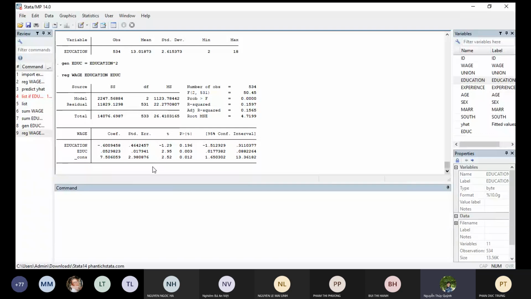Yeah, sorry. So with the estimated results like this, we have the estimated marginal effect of education on wage: minus 0.6 plus 0.1 times education. Yeah, that is the marginal effect of education on wage.